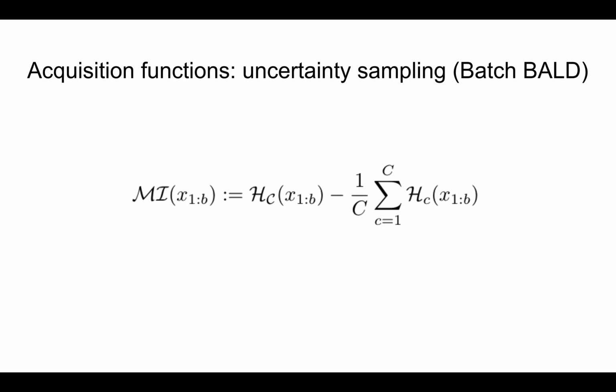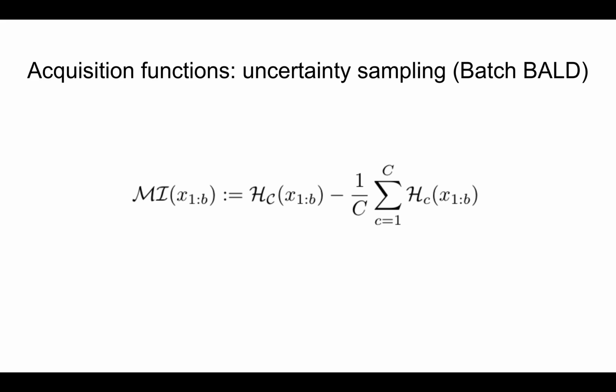BatchBALD is an extension of BALD, where the mutual information between a joint of multiple data points and model parameters is estimated. This builds on the insight that independent selection of a batch of data points leads to data inefficiency, as correlations between data points in an acquisition batch are not taken into account.